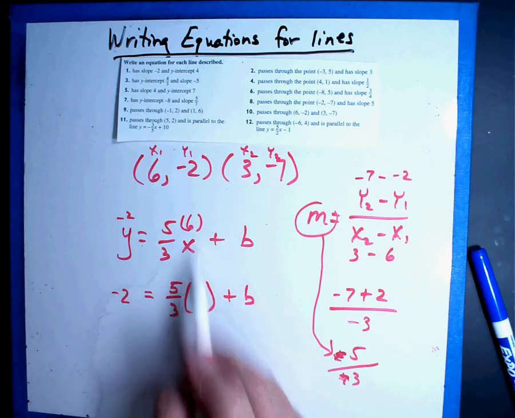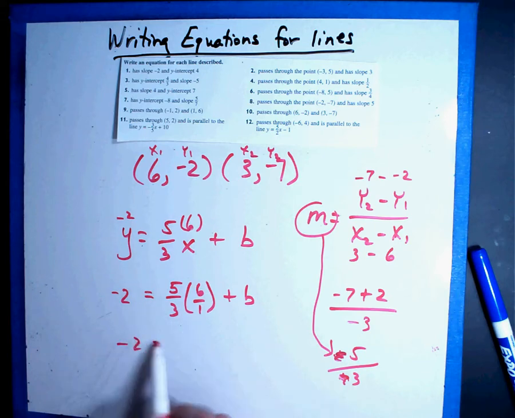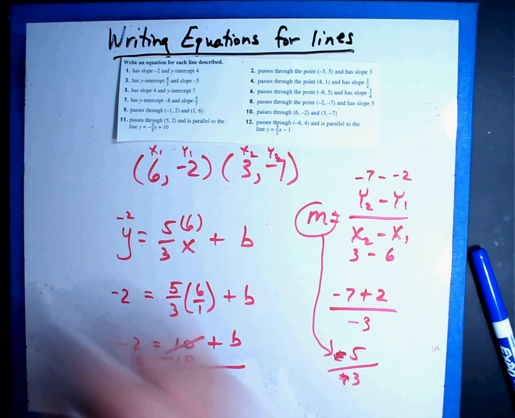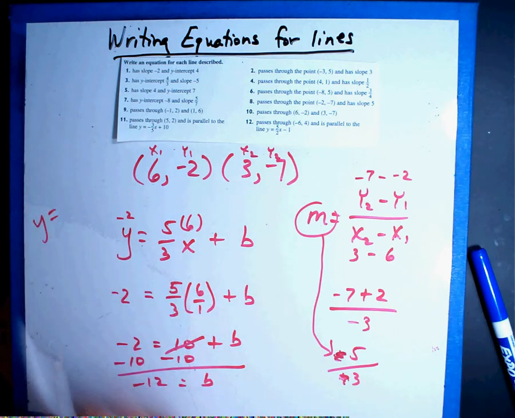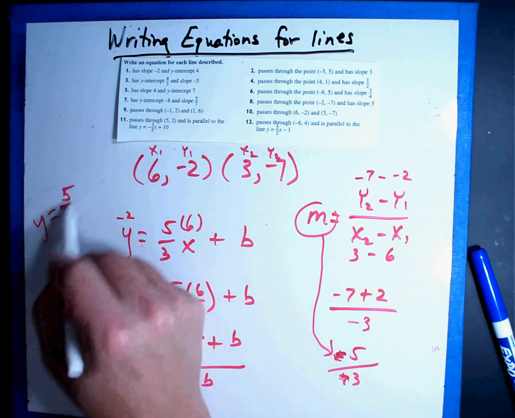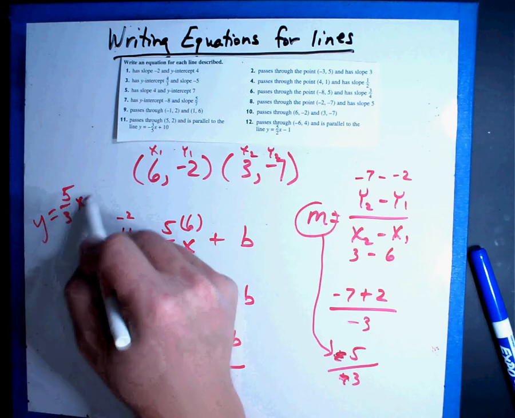Alright, put it over 1 so I can multiply across. This is 30 divided by 3. That's 10. So negative 2 equals 10 plus b. Subtract 10. Negative 12 equals b. Okay, I finally got it. y equals 5/3 x minus 12.